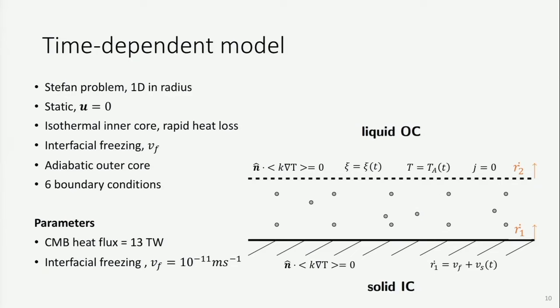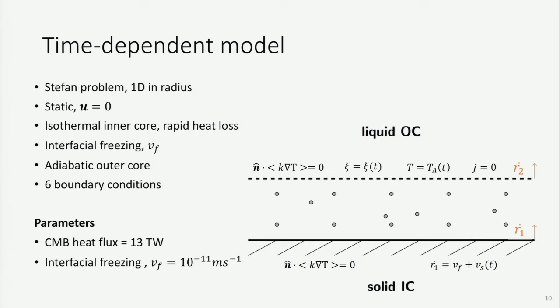At the upper interface, I have a variable concentration of light element. I've also ensured continuity of the temperature at the upper boundary, and I'm imposing a solid flux of 0 at the top. The parameters that I can adjust with this model are the amount of heat being lost from the entire core and the amount of interfacial freezing at this inner core boundary.